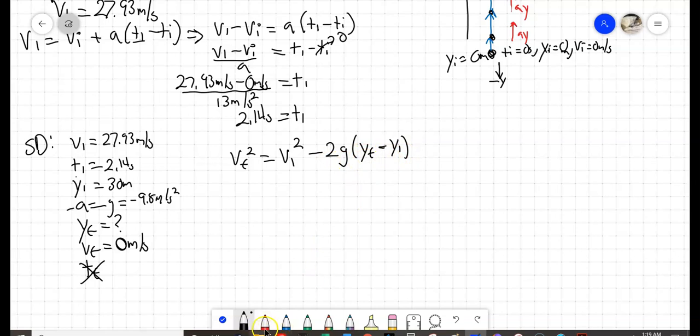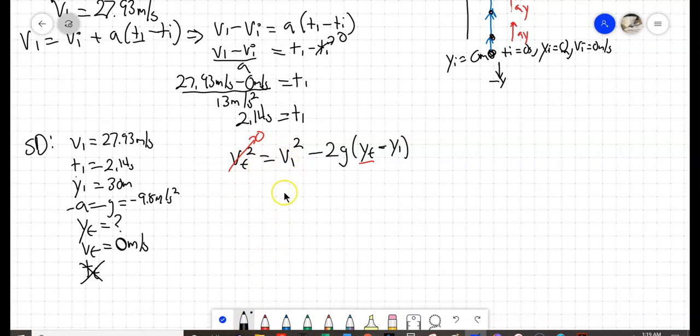So we need to solve for y final right here. We're going to do the same kind of algebra that we were just doing before. Just one note though, it is not moving here at the end, so that is 0, which is going to make our math a little bit easier.